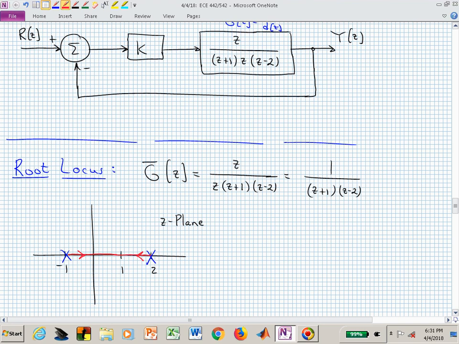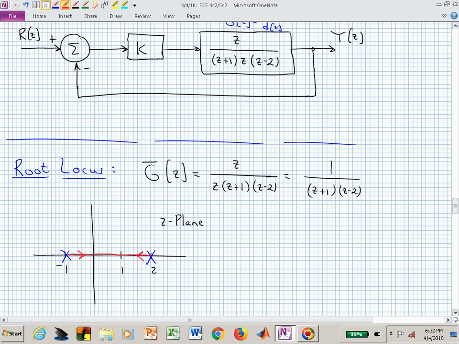Now, these two are coming together. Do they just eternally stay on the real line? What's my pole zero excess? 2. That means what? I have 2 branches at infinity. And in this case, because of this simple configuration, we know exactly what those 2 branches are doing and where they're doing it.